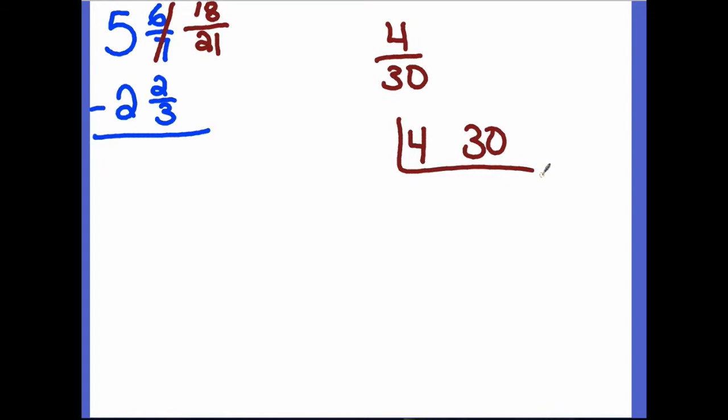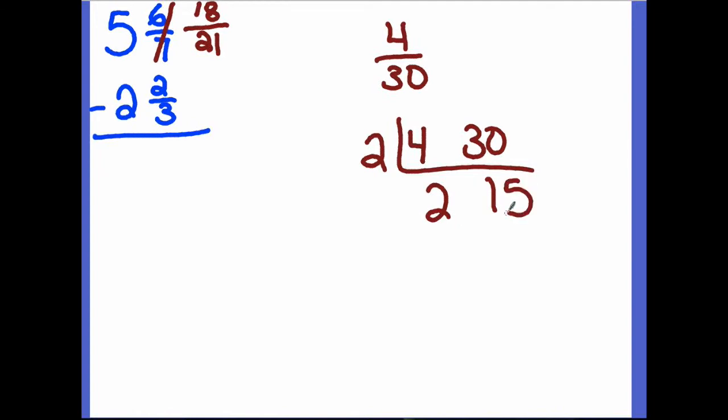Remember, always start low. When you choose big numbers, some of you are not familiar enough with your multiplication facts to sit there and choose gigantic numbers. You'll be sitting there like half the day trying to figure out the biggest number that goes into it. So, start 2, 3, 4, 5. 2 goes into 4 how many times? 2. How many times does 2 go into 30? 15.